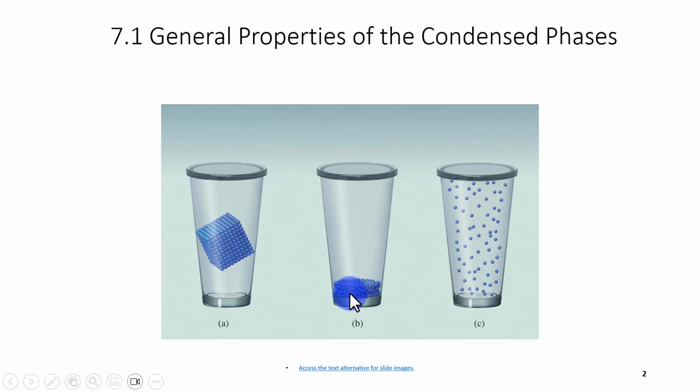The molecules are a little less ordered, not as close to each other, but there's still enough intermolecular force to keep the particles in the liquid phase. And then we go to the gaseous phase here, and you can see how far apart those particles are from each other, and therefore the intermolecular forces are not as pronounced in the gaseous phase.